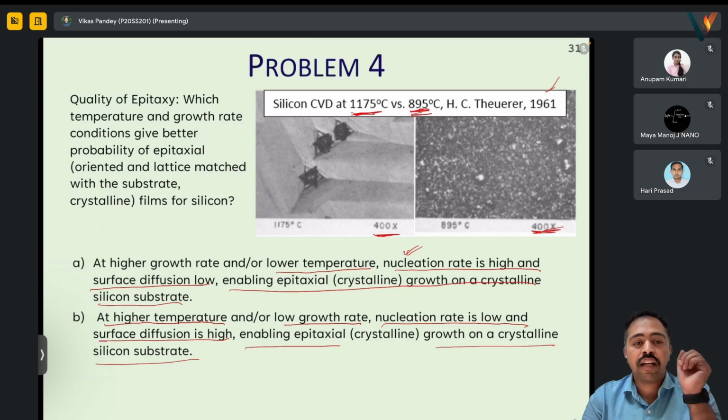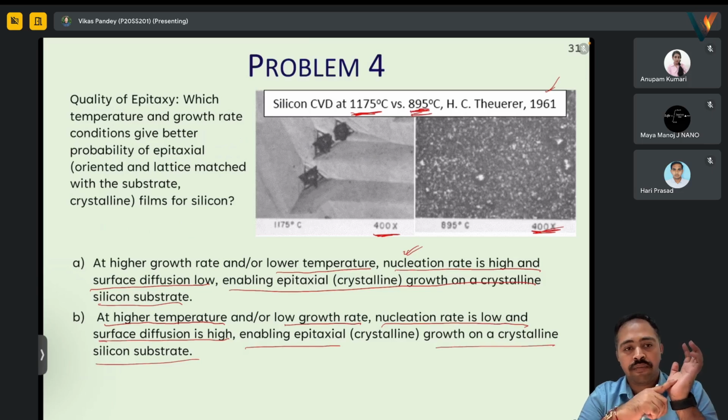The second condition is at higher temperature and lower growth rate. That means the rate of growth is low, but at high temperature. Nucleation rate is low, that means the species are forming slowly, and surface diffusion is high. That enables the epitaxy on the crystalline silicon substrate.